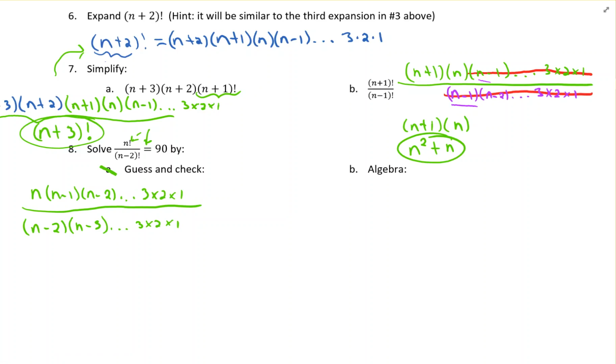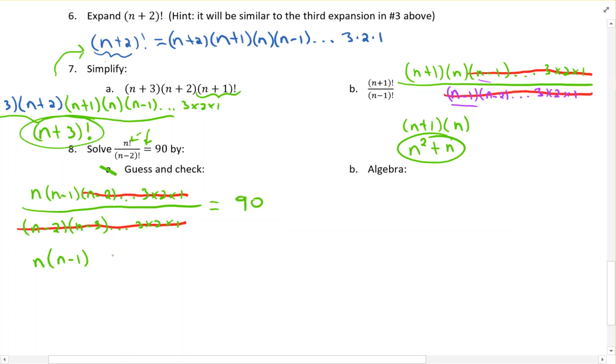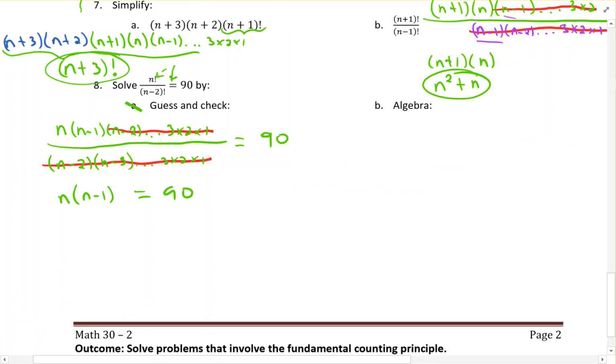And you can see now that everything from n minus 2 on this way is going to cancel with everything from n minus 2 on this way, right? So those all cancel, and what we're left with there is just n times n minus 1. Oh yeah, and this was all equal to 90 the whole time. So that's equal to 90. Okay, now we just need to solve for this.